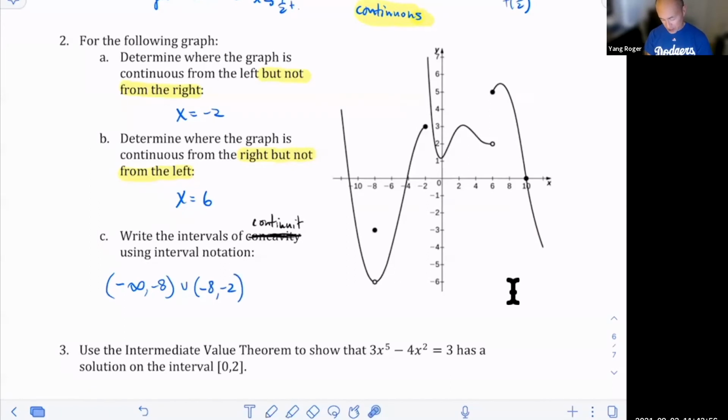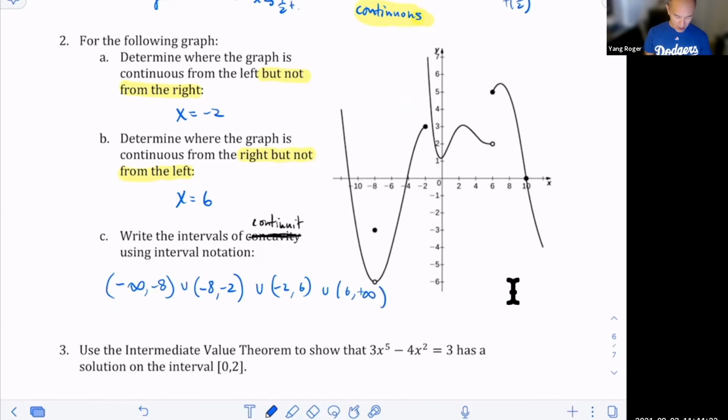This is the situation I was talking about where you need the limit to exist from both sides and to be equal. So in this case, it's not. Then my next one is going to go from -2 to 6. And my last one is going to go from 6 to positive infinity.